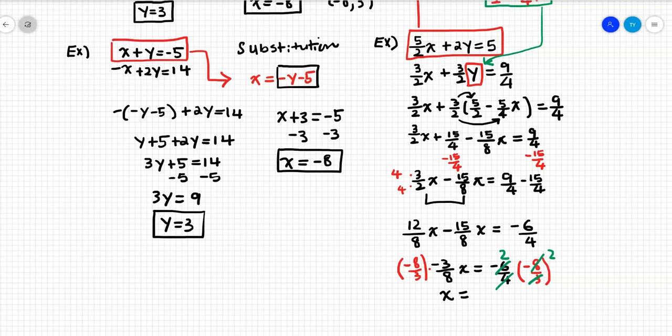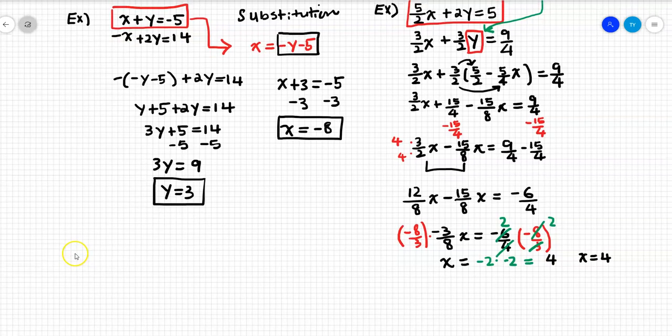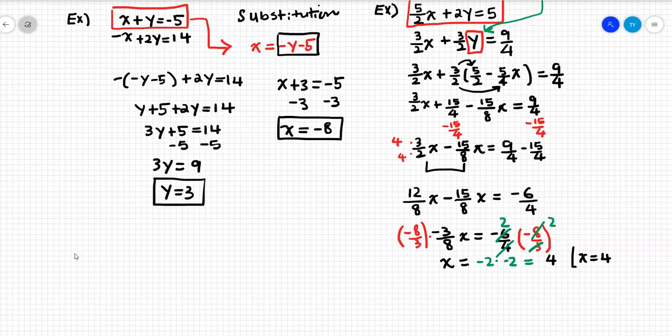So you got minus 2 times minus 2. The answer is going to be positive 4. So x is going to be equal to 4. And you can plug that into the first equation, and then we'll find out what the y is. So x equals 4.